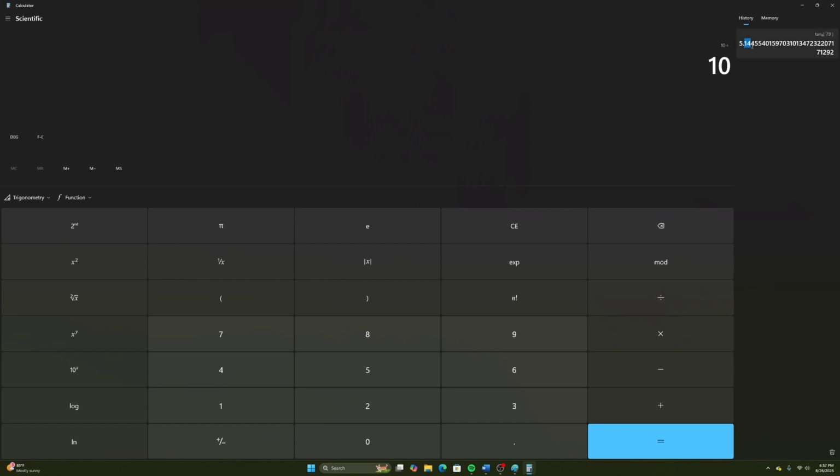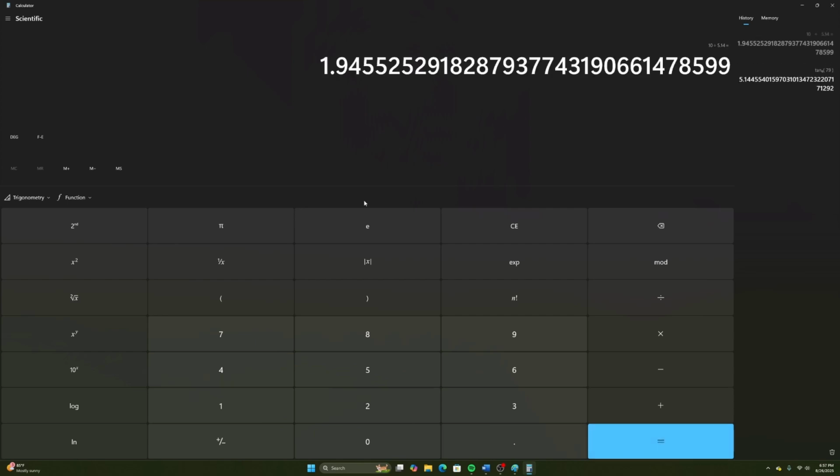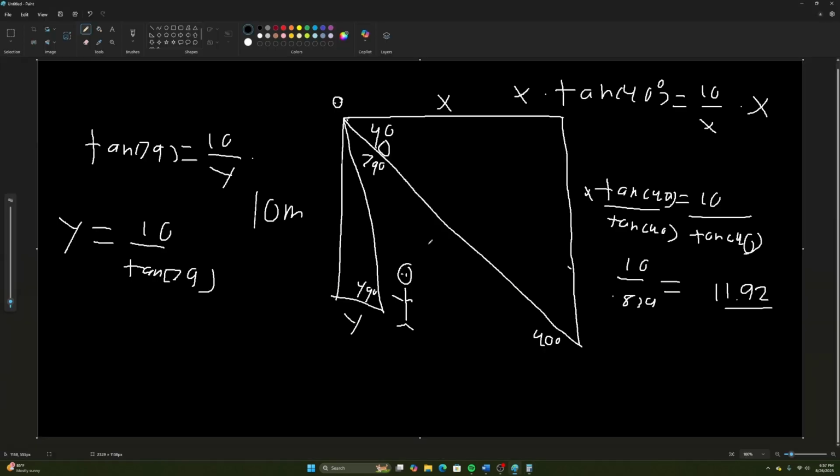We're going to the hundredths here, so it's going to be 10 divided by 5.14. And our answer, roughly, is going to be 1.9455. Rounded up to here, 1.95. This being meters, that being meters. Don't forget to use our units of measurement, guys.